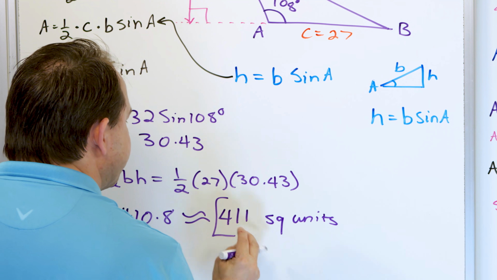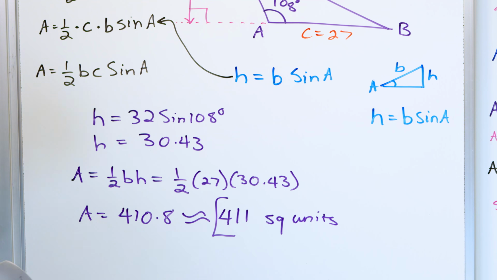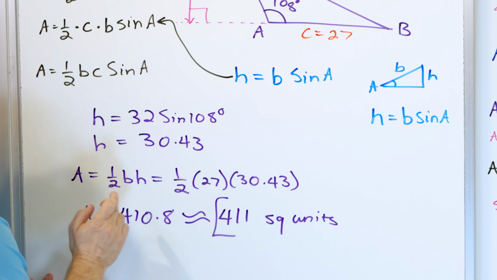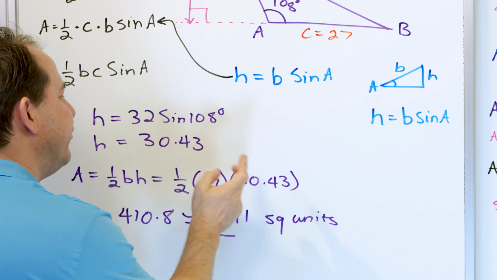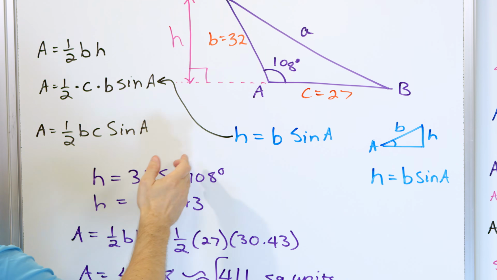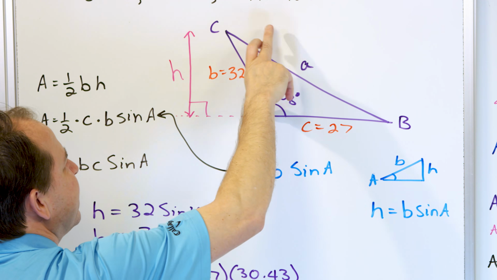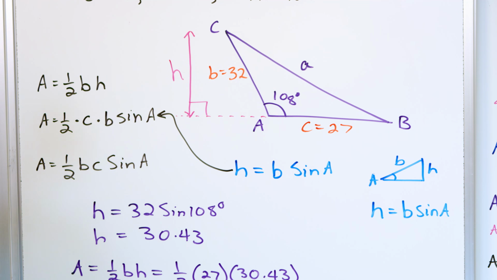So if this thing was measured in meters, then it would be 411 square meters, for instance. But don't forget what you're doing. When you do 1/2 base times height, what you're doing is you're first finding the height, which is from trigonometry, b times the sine of this angle, and then you're calculating there. So plugging it into this and doing it by finding the height first is the same exact thing, because everything is multiplied together.